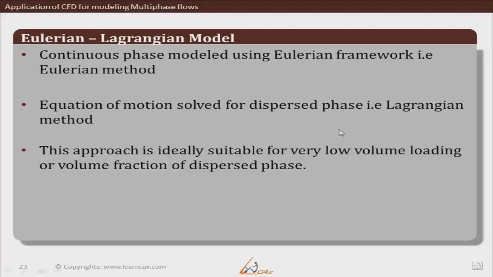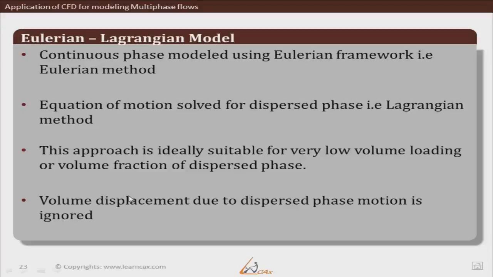That is possible only when the secondary phase has low volume loading, or it is present to a lesser extent or lesser volume percentage. So this approach is possible only where the secondary phase is present in lesser volume content. Also, whenever the secondary phase is occupying larger volume, it also displaces some volume of the primary phase.